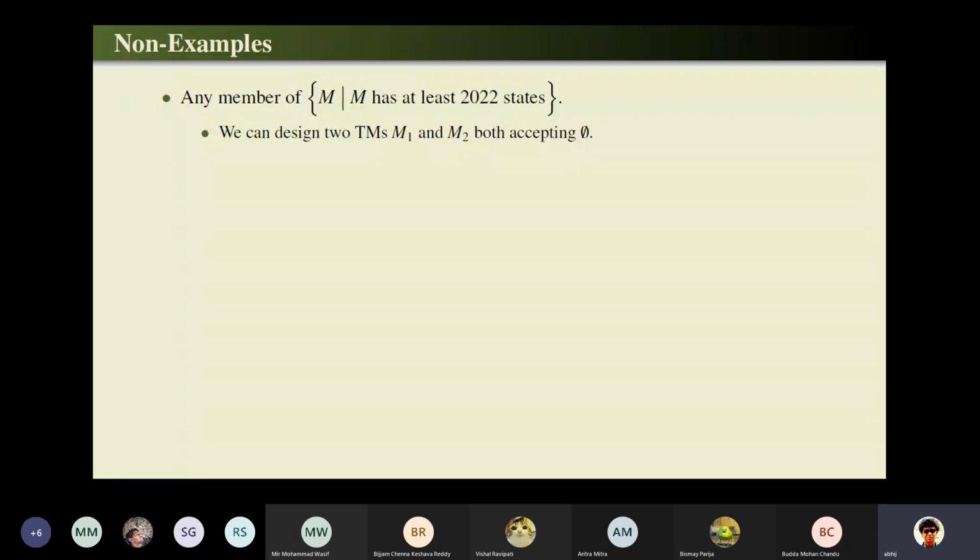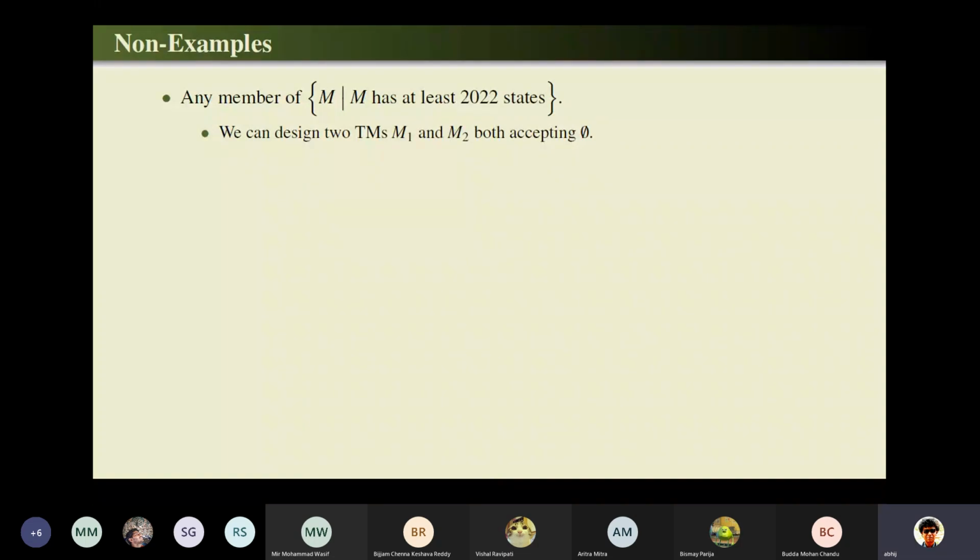After it reaches that 1 millionth state, it keeps on looping. It stays there, never moves out, always goes right. So in that way, it is also rejecting everything. Now the language is empty.